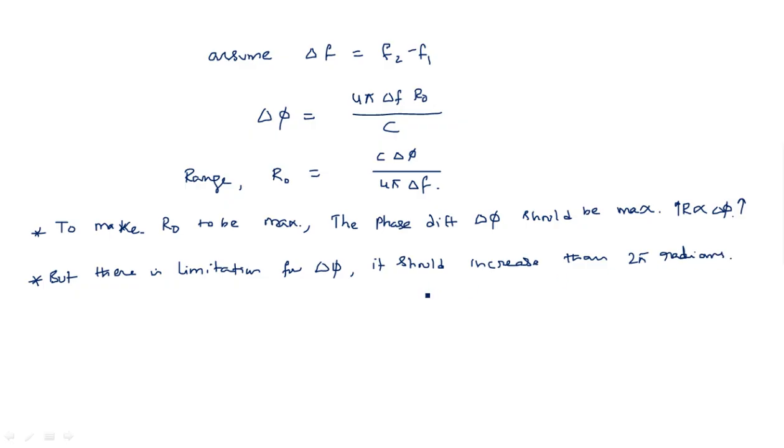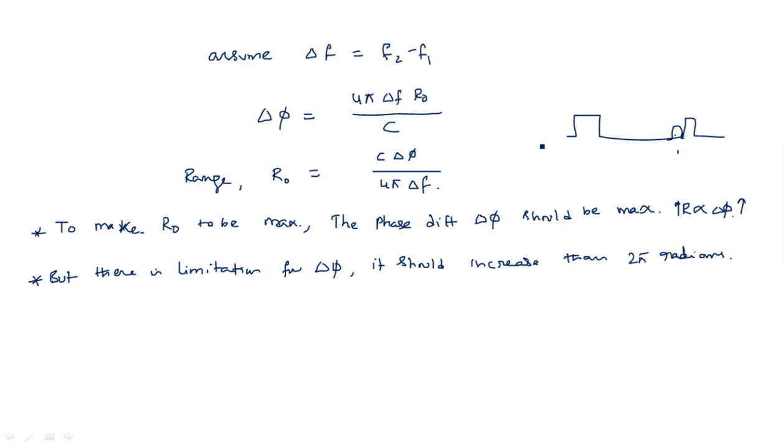If it increases more than 2 pi radians, then the target becomes an ambiguous range. I told you already, if the echo is received after the first cycle, then the target echo will be in an ambiguous range.